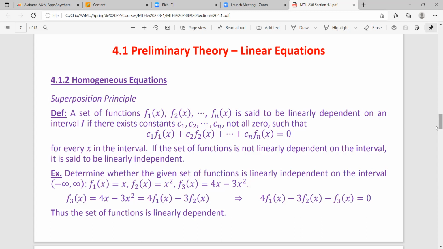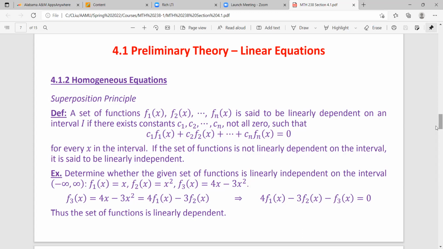If the set of functions is not linearly dependent, then we say they are linearly independent. So you cannot express any function in the set as a linear combination of other functions. That's called linearly independent.